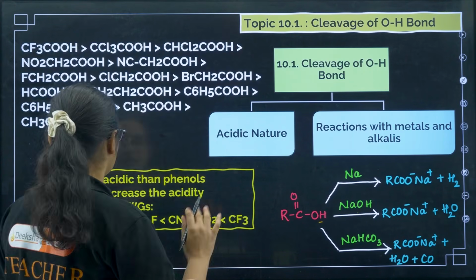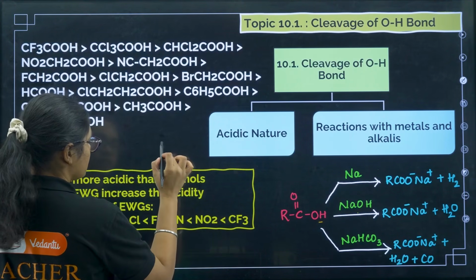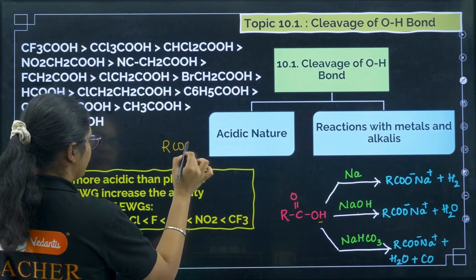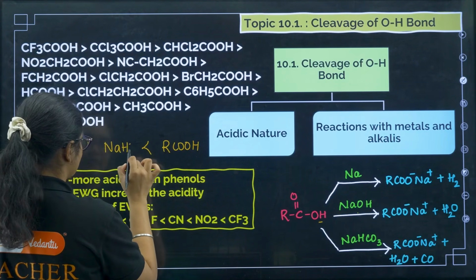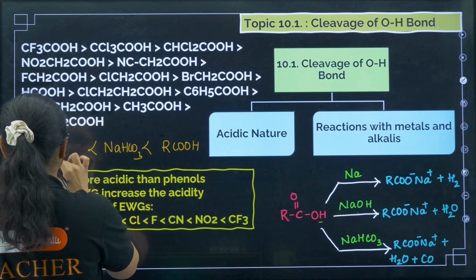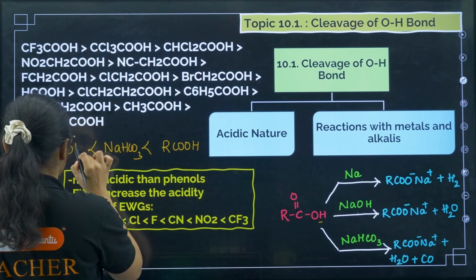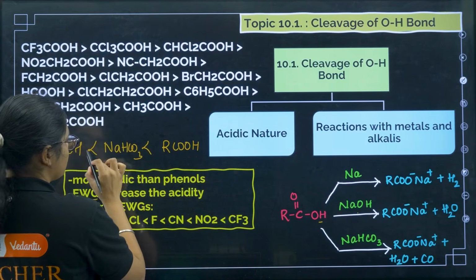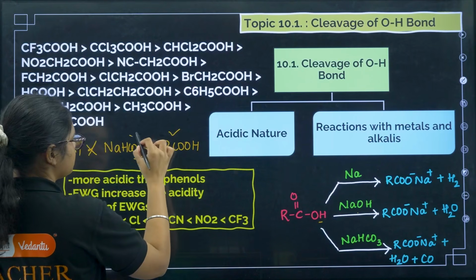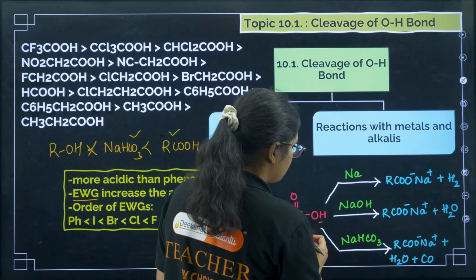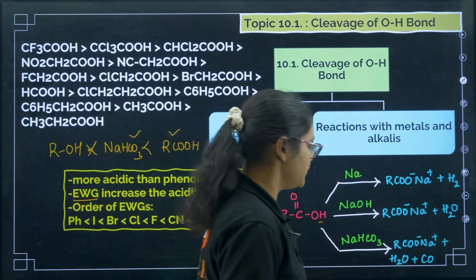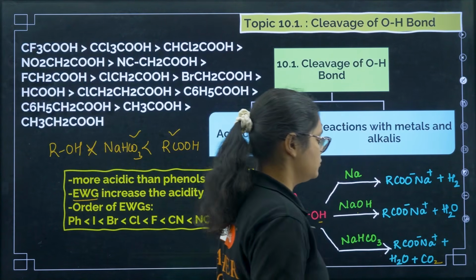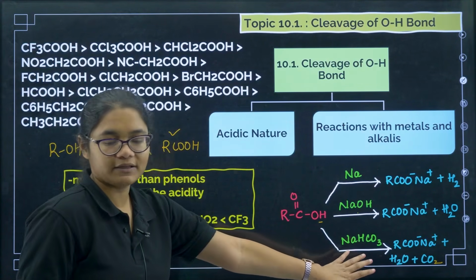If I make the acidic order, first is RCOOH, then H2CO3, then ROH. So alcohols cannot react with NaHCO3, but carboxylic acids can. The products will be salt plus CO2 plus H2O.